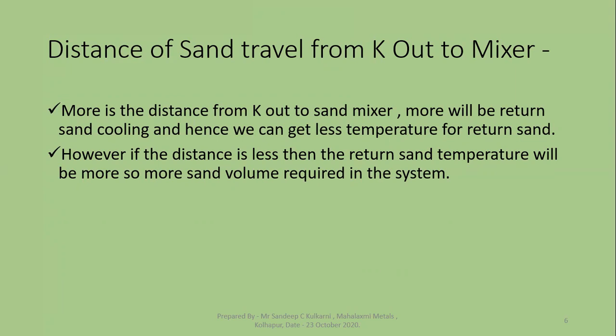So if the distance is more, the hotness will be reduced or the cooling will be better, and you will require less volume of sand. If the distance is less, then the sand temperature will be hotter, so the sand volume required will be more in the system.